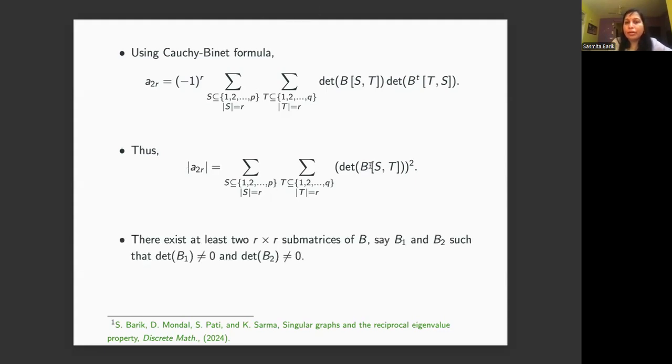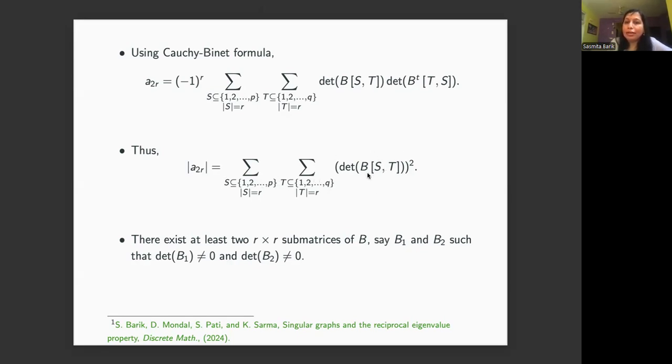Here you can go through the paper, I have less time, so I'll just conclude. You can observe that for such type of matrices, you will get at least two matrices for which the determinant will not be zero. You are taking the sum over all such matrices, right?